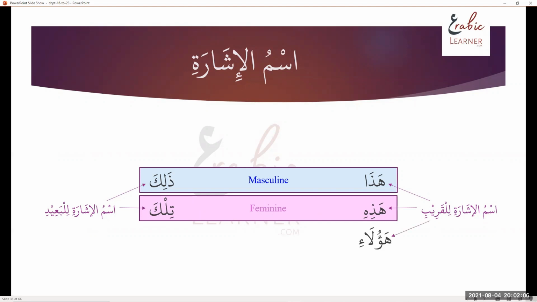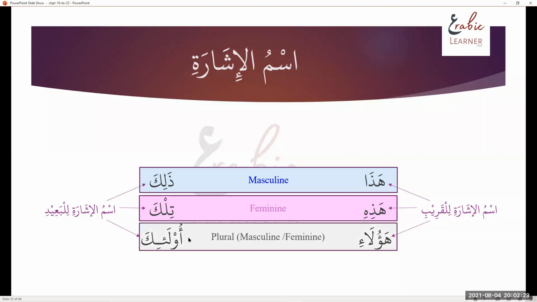And then Ha'ula'i for plural, for both masculine and feminine, for Qareeb, and Ula'ika lil Ba'id, for both plural, Jama, for both masculine and feminine, Muzakkar and Muannas.